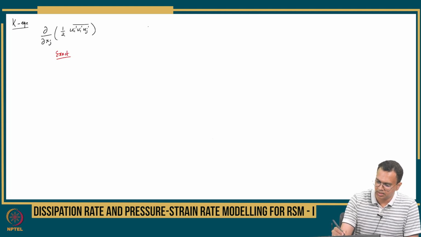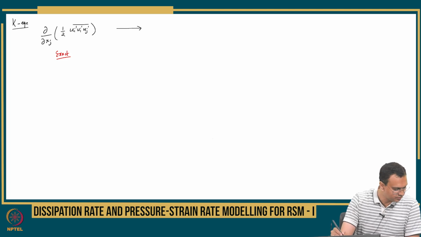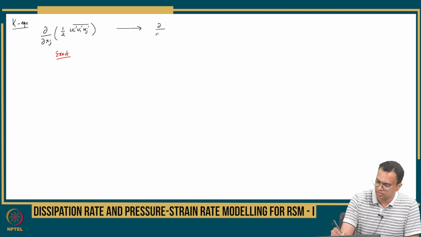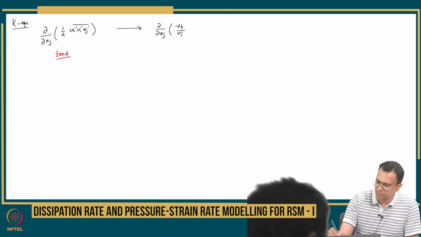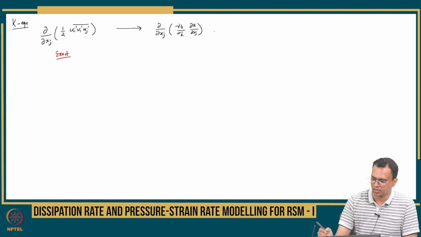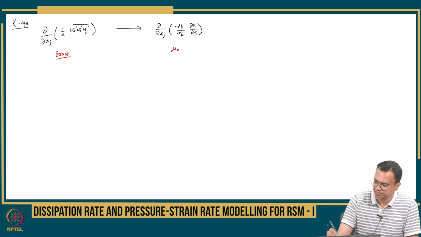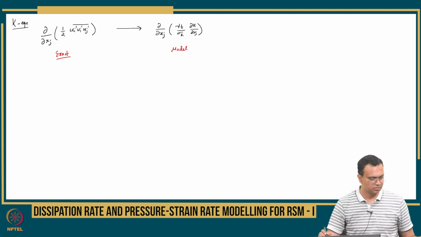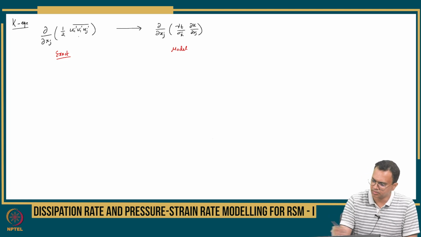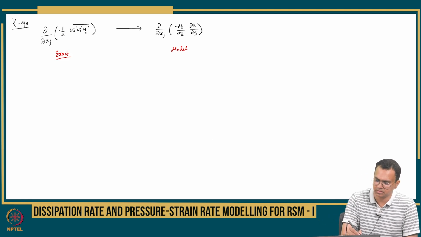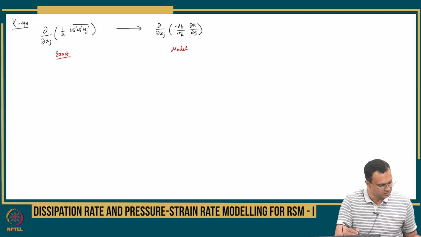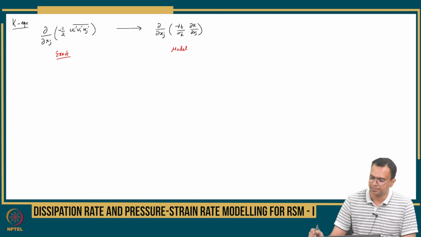This we modeled using the isotropic diffusion coefficient. If you are going to use that, then it will be dou by dou xj of, we simply used mu t by sigma k dou k by dou xj. This was the model, right? The sign was missing. I think there's a minus here. Let me see. Yeah, there's a minus sign. Okay.